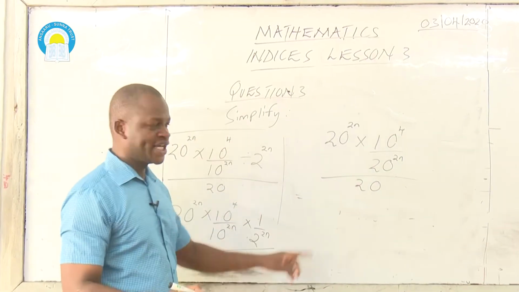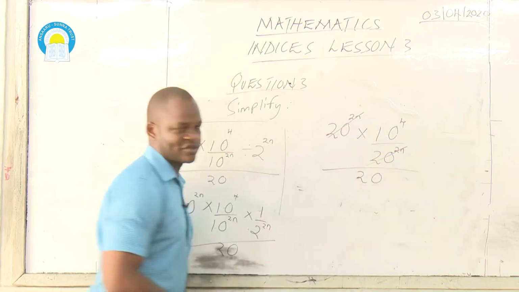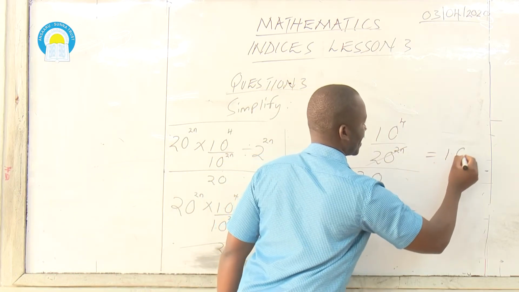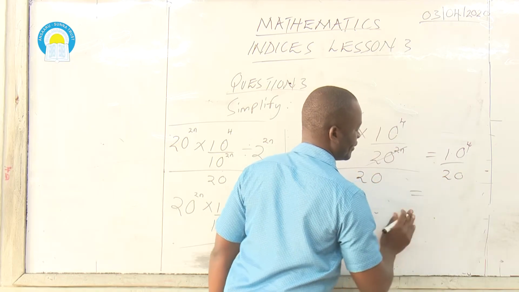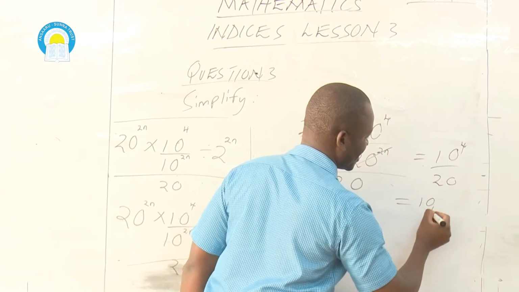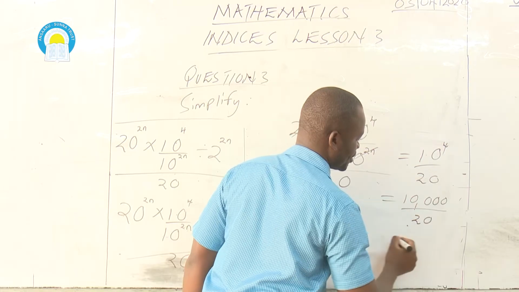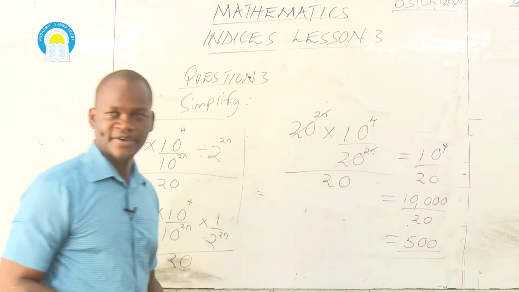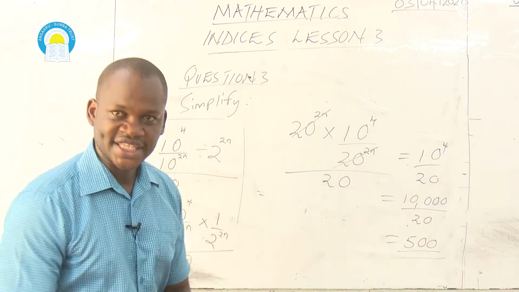If you're very keen, we have common terms. They're going to cancel out. So we are left with 10 power 4 over 20. Of course, 10 power 4 is the same as 10,000 divided by 20. The overall answer gives you 500. So we are done with that part.